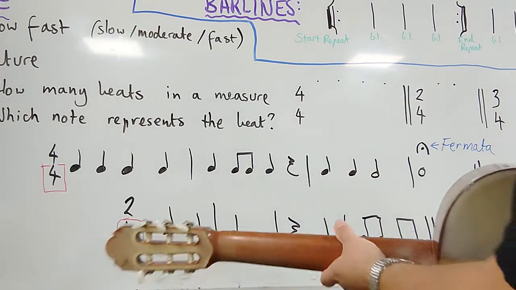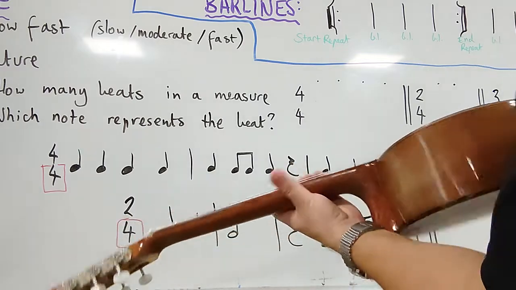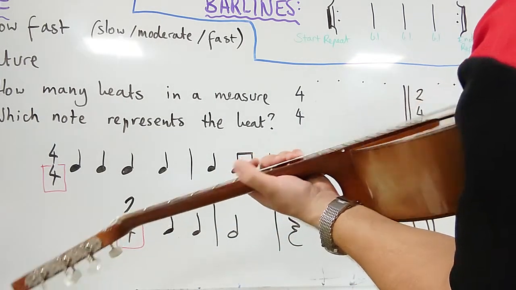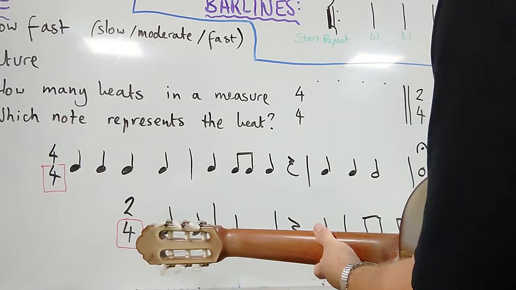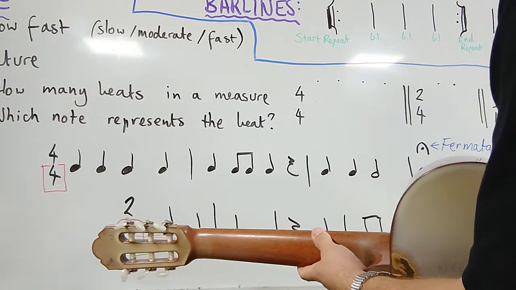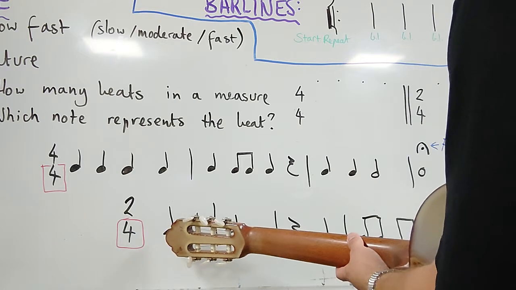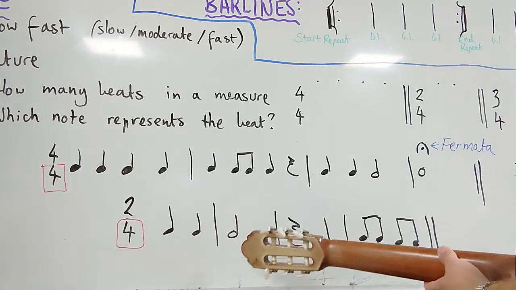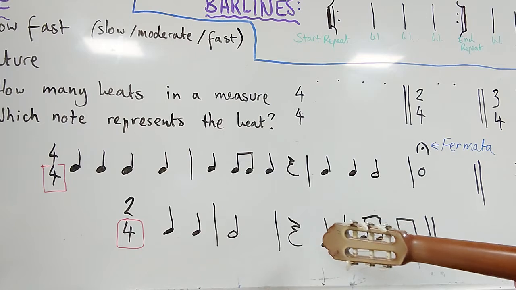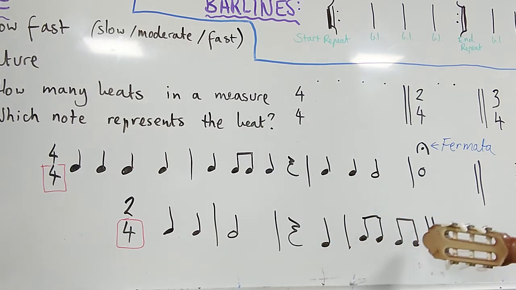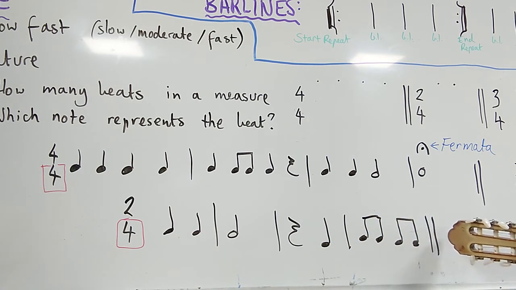It's up to you. Let's try the 2/4 example. So I'm just playing the 6th string of the guitar, the lowest string. Here we go. After 2, I'll give you 2 bars. 1, 2, 1, 2. Here we go. 1, 2, 1, 2. 1, 2, 1, rest. Now you notice how I caught that note there?